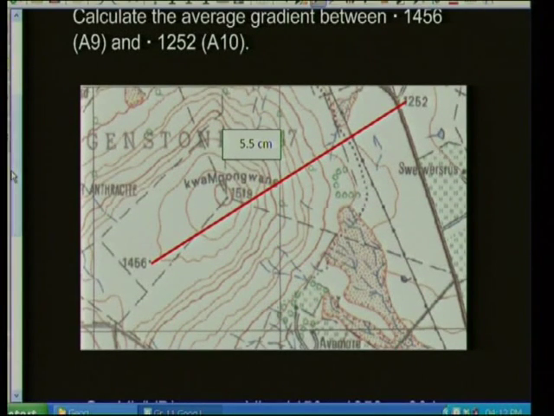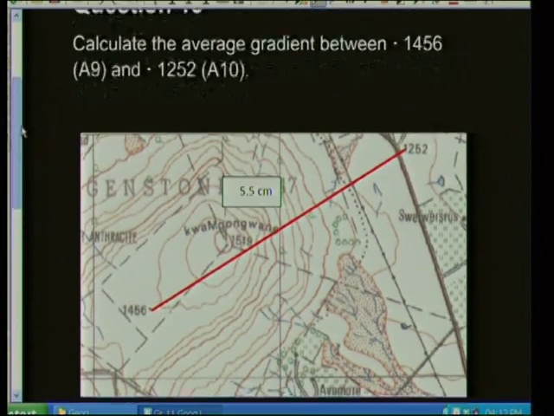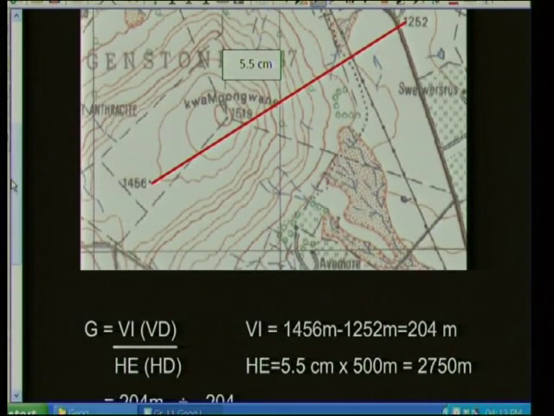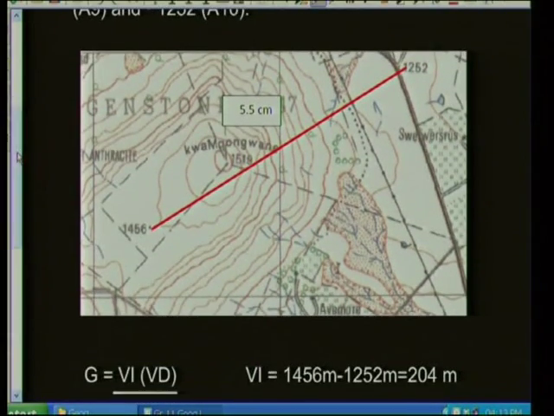I've got these 2 points on my little sketch or abstract of a map, and I want to determine the gradient between these 2 points. So remember my formula, it's VI over HE. My first step to find VI is to find the difference between the two.